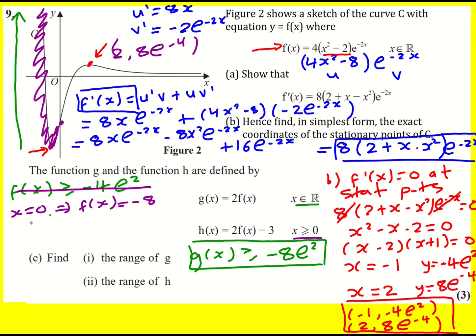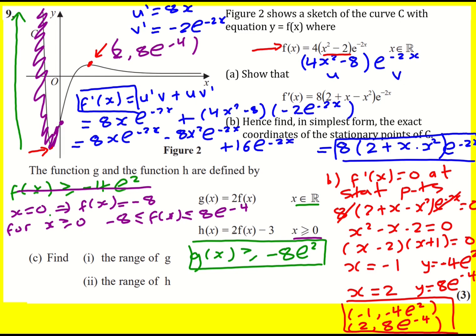So that means for x greater or equal to 0, I know I haven't dealt with h yet, I'm just doing one thing at a time, f of x is going to be greater or equal to minus 8 and less than or equal to 8e to the minus 4.